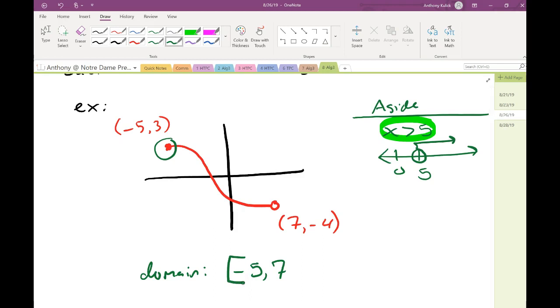To determine whether I should use a bracket or parenthesis on the 7, I'm going to look at the point where the 7 comes from. I notice that that point is an open point, which tells me that that is not a point on my graph, which means it should not be included in my domain, which means I should use a parenthesis. Is everybody okay with that idea?